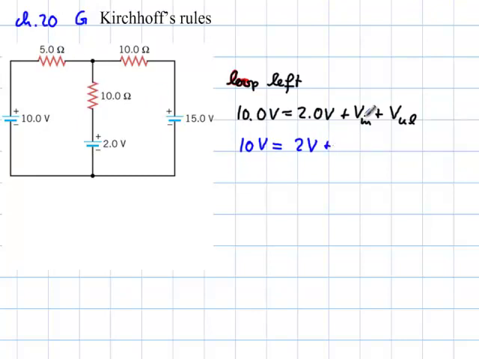Plus, for the voltage in the middle, I got the current for the resistor in the middle times its resistance, which is 10 ohms, plus the current for the resistor on the upper left times its resistance, which is 5 ohms.